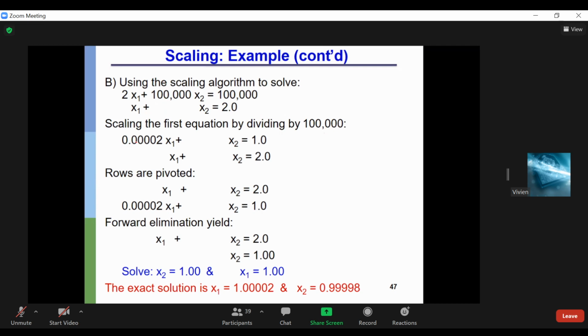After we do scaling, we search for the largest element. That will be the second row, so that we pivot. Now the second row becomes the first. Once we have this, we can do forward elimination. Now the result, x2 is 1 and x1 is 1. So you can see here that the error becomes very small.